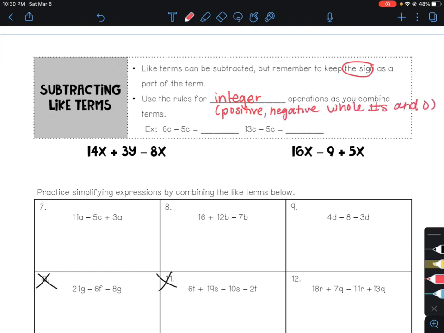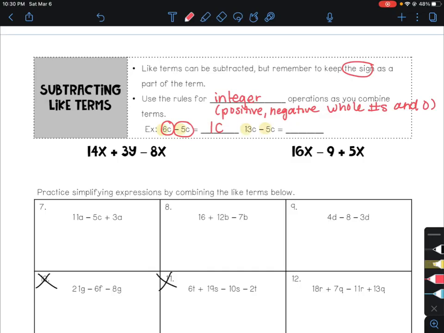That's what integers are. For example here, 6c minus 5c, it's 6 and then minus 5, so we would get 1 and then c. So you're always just adding or subtracting the coefficients and then keeping whatever the variable attached to them both is.